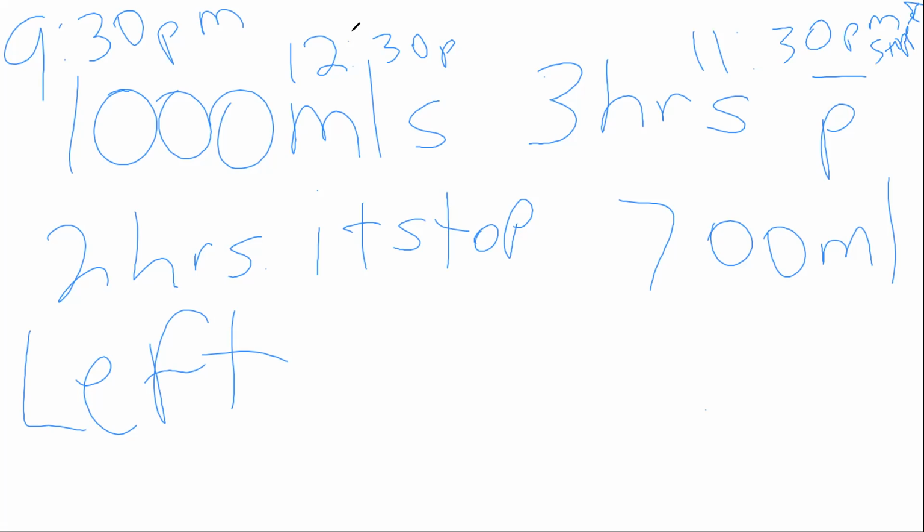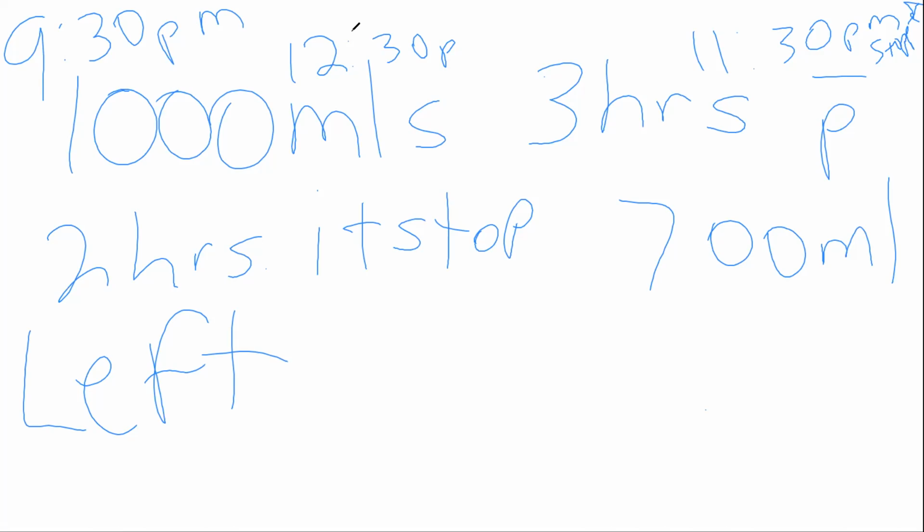Now you're going to have to run it at what rate? Can you change the rate on it? Because that's what these questions are checking you on. No. So it has to run for 3 hours, so it's not going to end at 12:30, because you have to adjust that time frame.